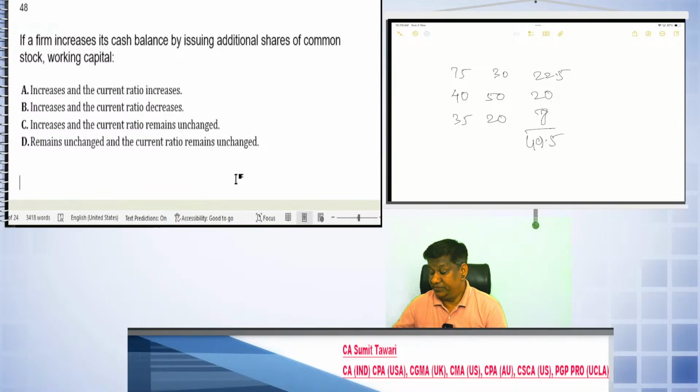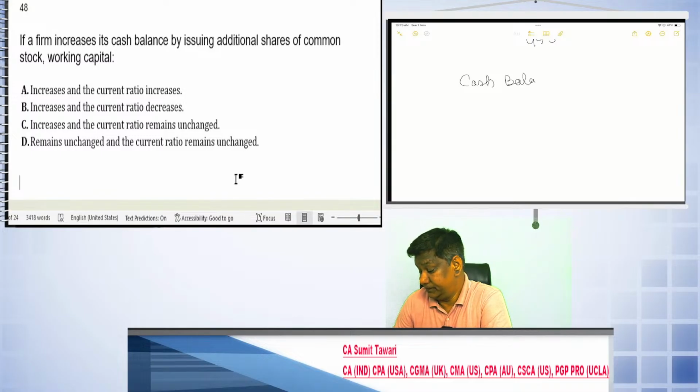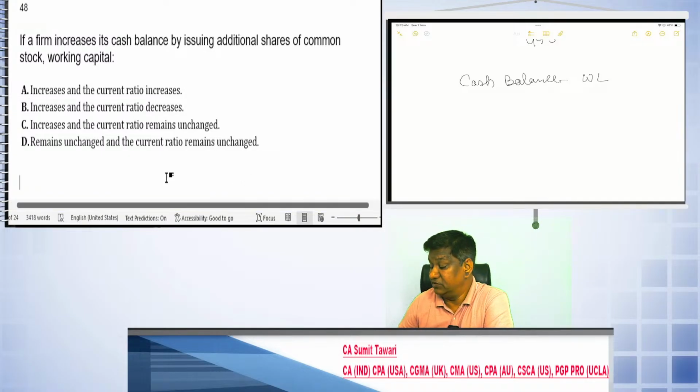But if we see through the share perspective, the shares we keep for the long term also, right? Yes, so that's why it will not affect the working capital. Means what happened? The cash balance increases, which is a part of working capital. So it will be B. Yes, not D. Cash balance increases, working capital increases, and the current ratio also gets increased.